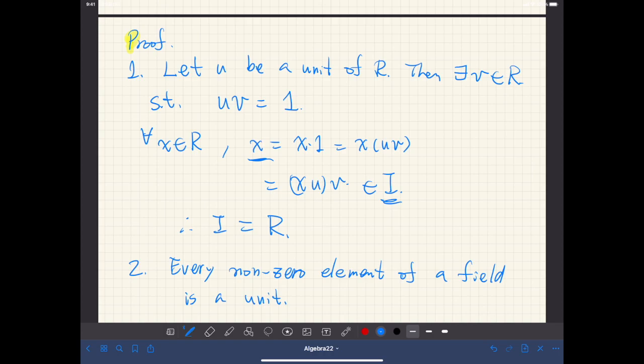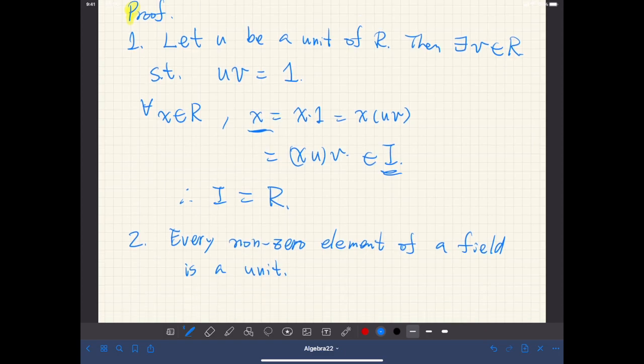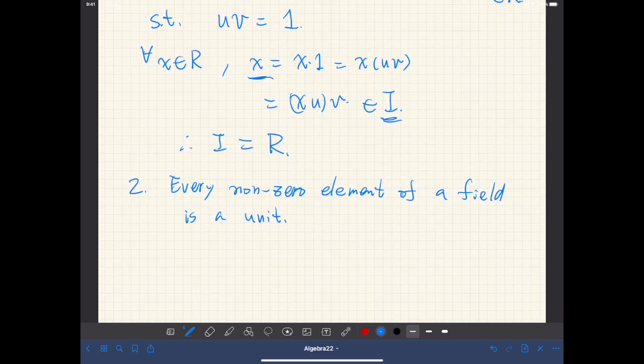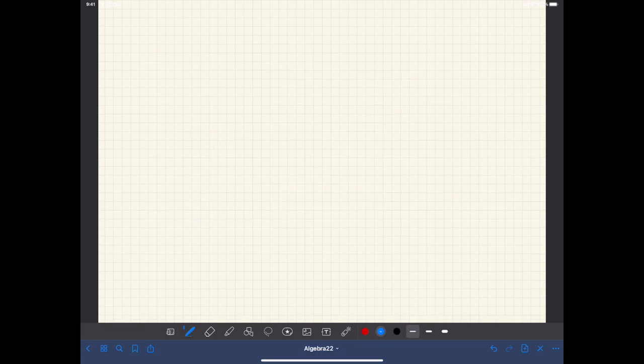So from part 1, there cannot be any proper right or left ideals. And we are done. Let's see an example.